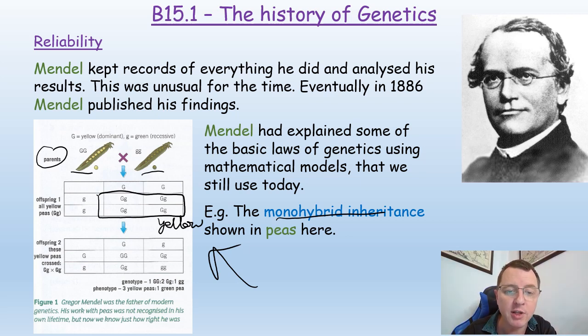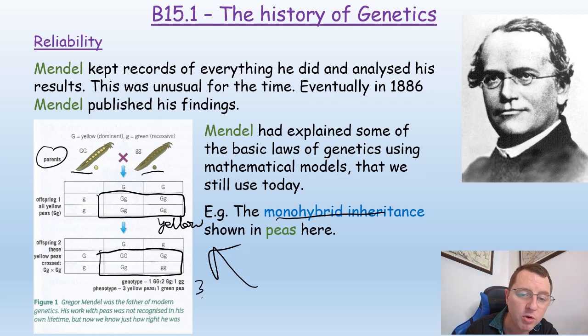When we breed these heterozygous pea plants together, we find that we get this Punnett square produced, where we have 3/4 having the dominant allele and being yellow, and 1/4 of the offspring lack the dominant allele. We have homozygous recessive, 2 little g's, 2 recessive alleles, and are therefore green.